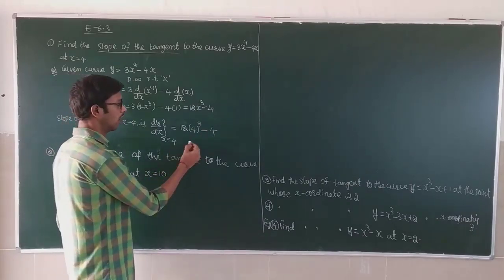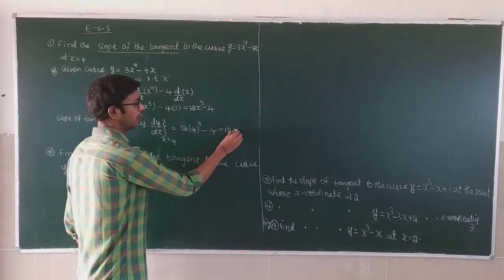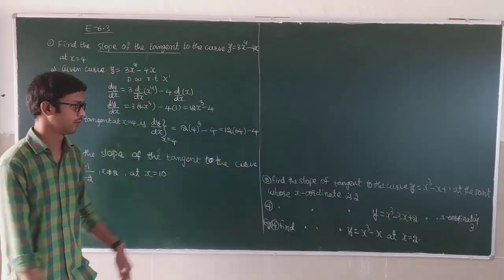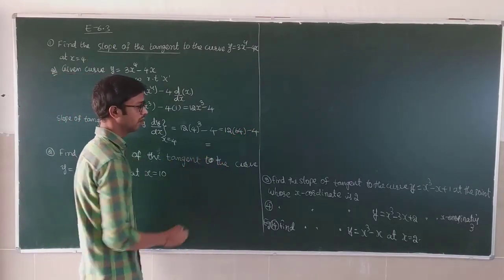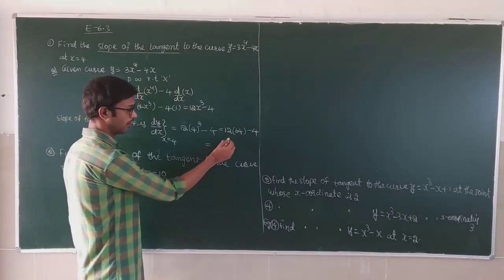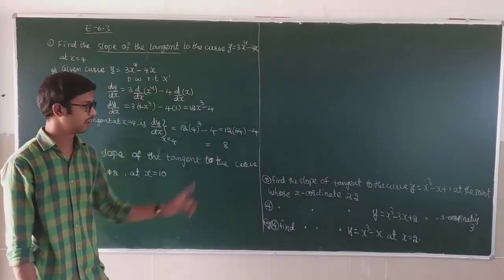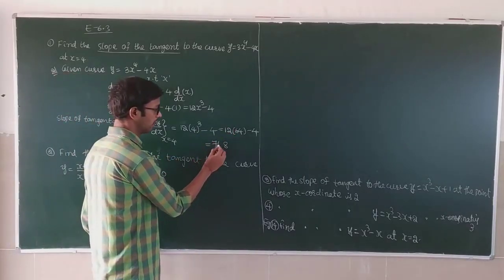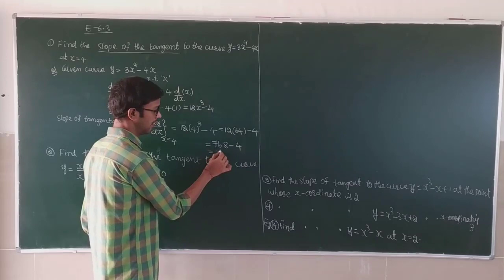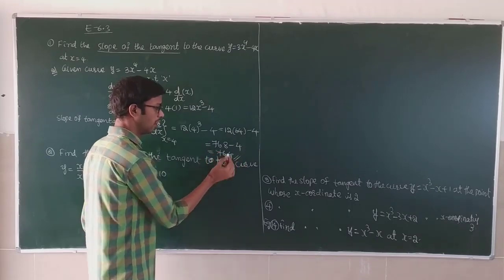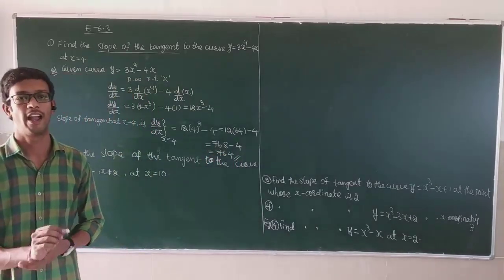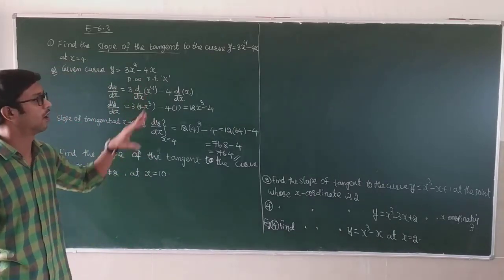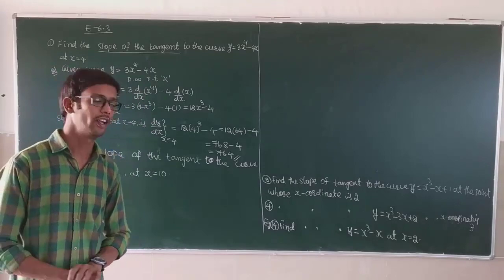How much will we get? 12 into 64 minus 4. 4 cube is 64. Next, 12 into 64: 12 fours are 48, 12 sixes are 72, so 768, minus 4. 764 is the slope of the tangent at the point x equal to 4. There we have to find the slope of the tangent.